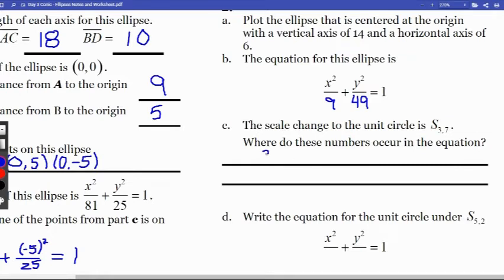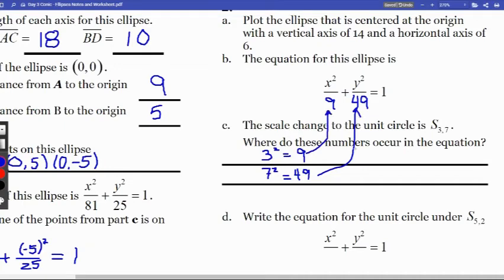These numbers show up in the equation in the respective denominators: the horizontal factor squared, 9, for the term with the x, and the vertical scale factor squared, 49, in the denominator of the y component.